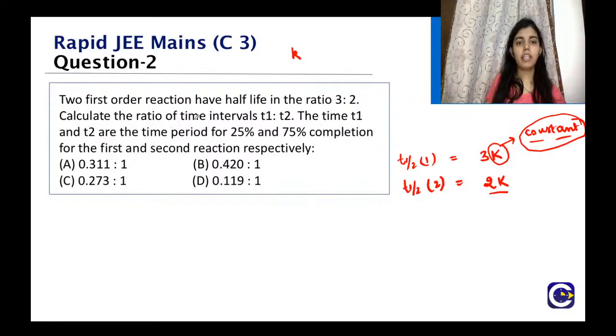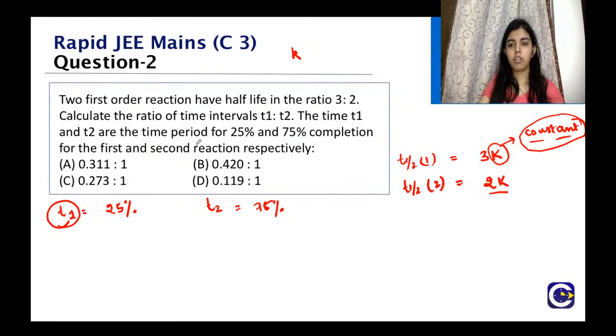Now calculate the ratio of time intervals T1 to T2. So what is T1 basically? T1 is the time period for completion of 25% of reaction 1 and T2 is the time period for completion of 75% of reaction 2. So now first we will calculate the time period for 25% completion.